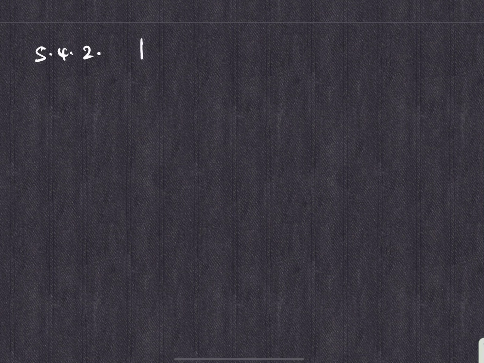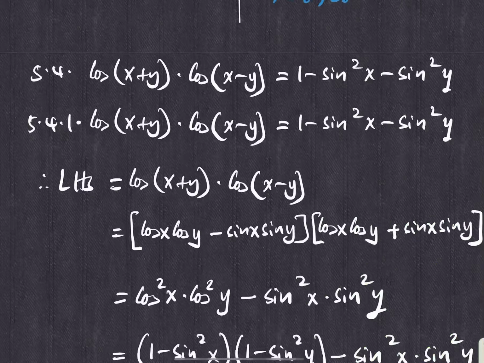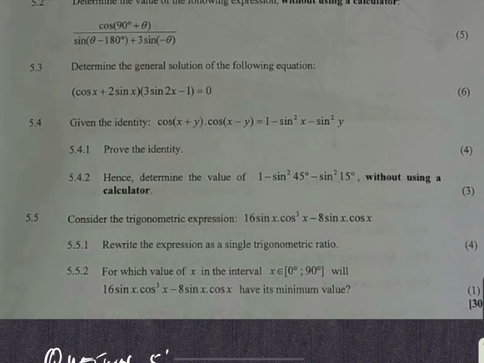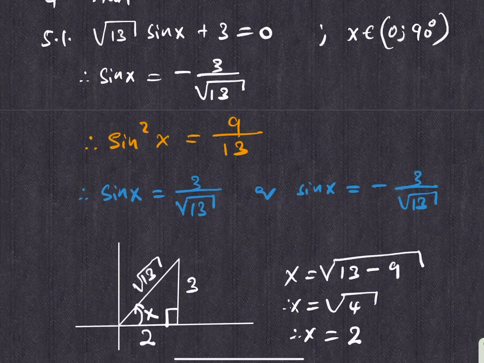Let me confirm: it is 1 minus sine squared of 45 and minus sine squared of 15. That is degrees, 3 marks.